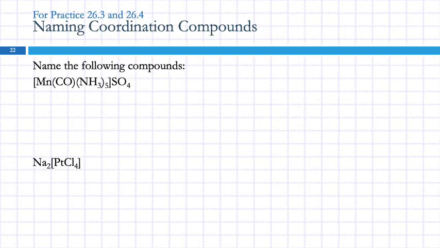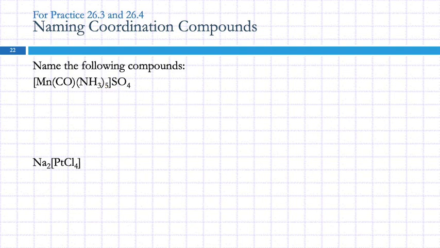Okay, so let's do a little practice here. Name the following compounds. So there's two ions in a compound, a cation and an anion, right? And so the complex ion will be in brackets, which makes it much easier to see what it is, and then we'll have another ion.